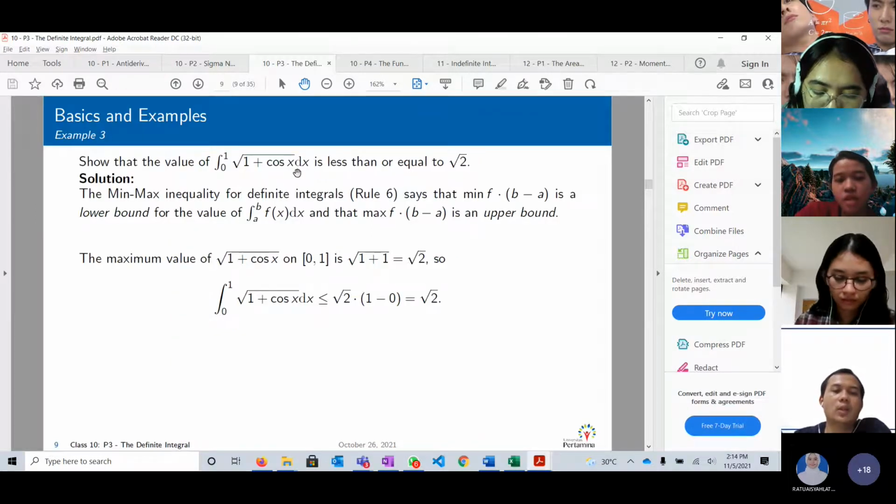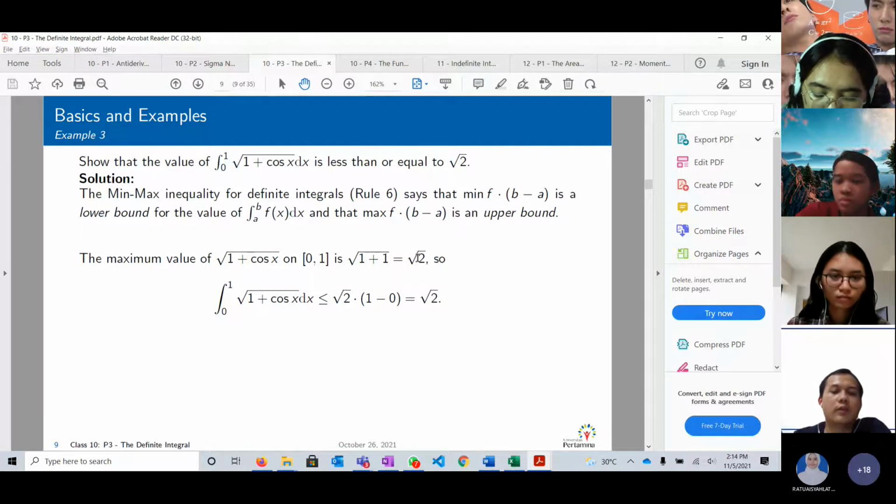So we take the maximum of f times that one. We know that from 0 to 1, the maximum of cosine of x is 1. So the maximum of square root of 1 plus cosine of x is actually square root of 2.